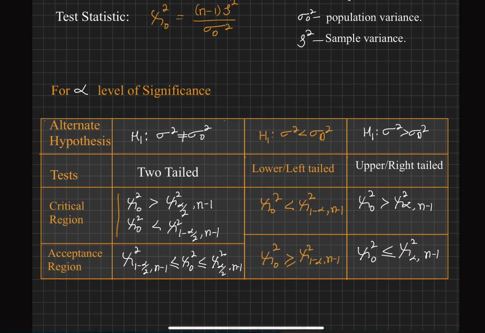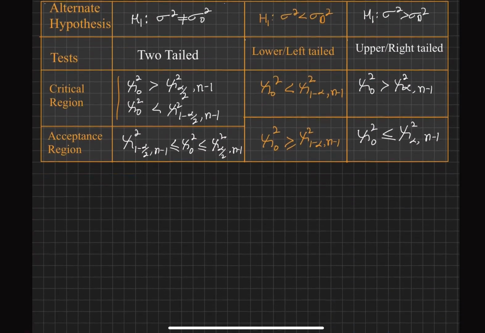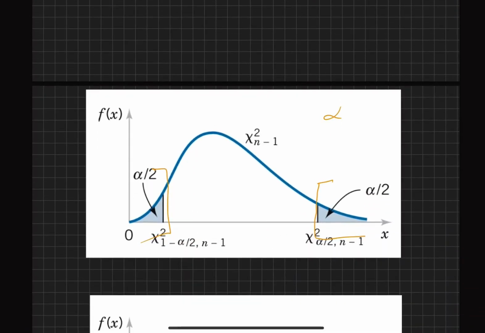And in the critical region, we have the region corresponding to chi naught greater than chi square alpha by 2 comma n minus 1. That is, the right side area here is alpha by 2, and in the left side region the corresponding chi square value is chi square 1 minus alpha by 2 comma n minus 1.